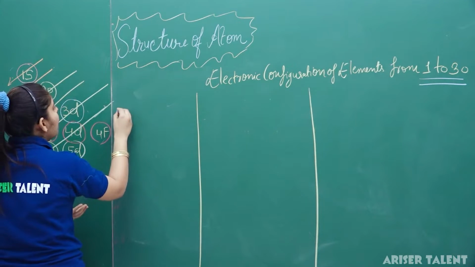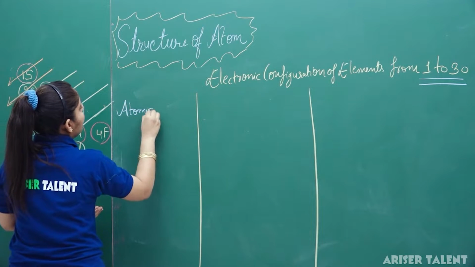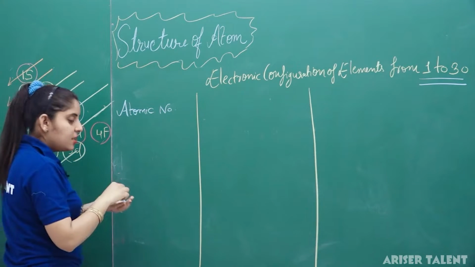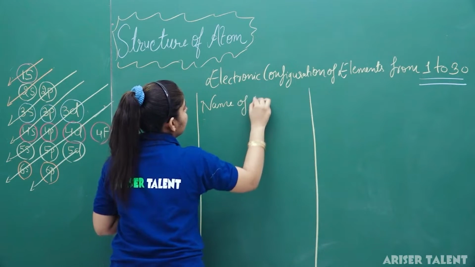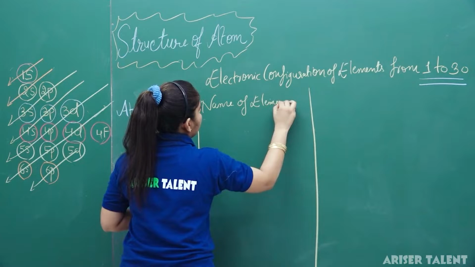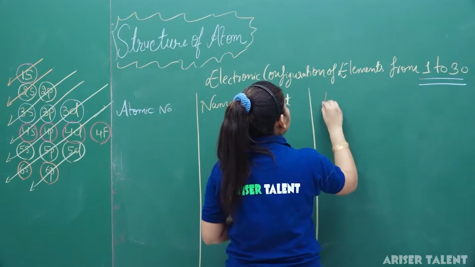So firstly we have the atomic number. Second category we have the name of the element, and thirdly we have the electronic configuration of that element.